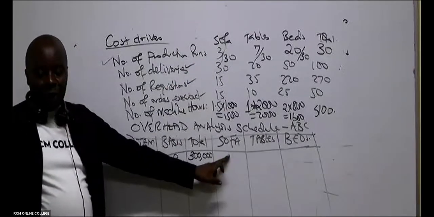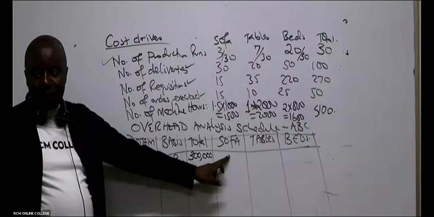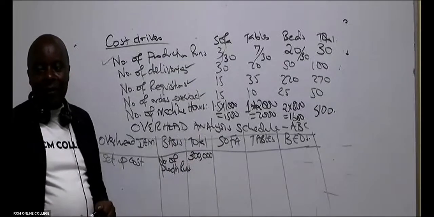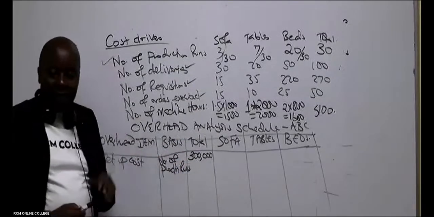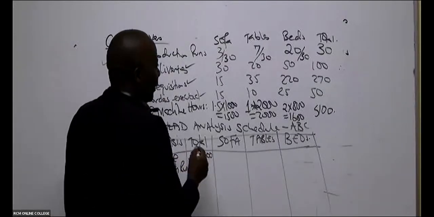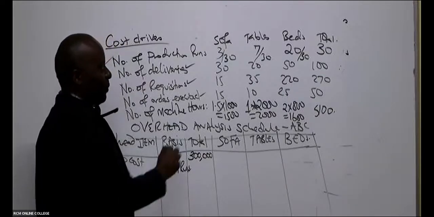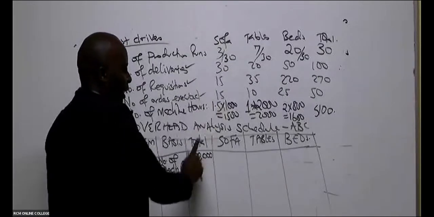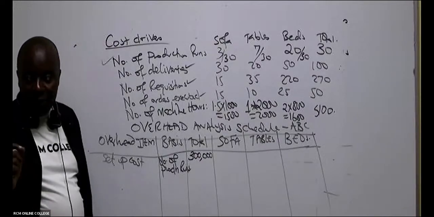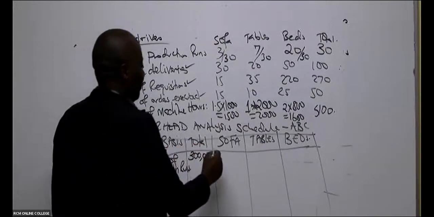How much do we have for the sofa? Because we are apportioning this figure, remember it's 3 over 30 times 300,000. It's 30,000, right? 30,000.